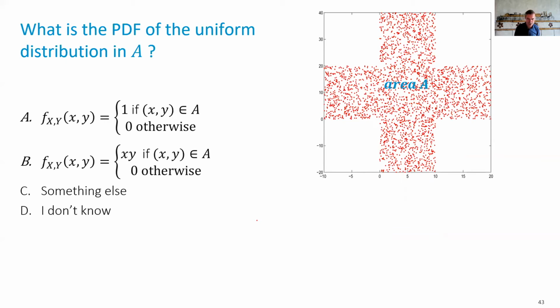So let's move on a bit and try to understand what is the uniform distribution in an arbitrary area. Here, this area, which is not so complicated, but has enough complexity to show the general problem. What is the PDF of the distribution of a random point in this area here? The random point, I know the coordinates by X, Y, so it's a PDF in 2 dimensions. So here are 2 possible values, and perhaps none of them is correct. So what do you think?